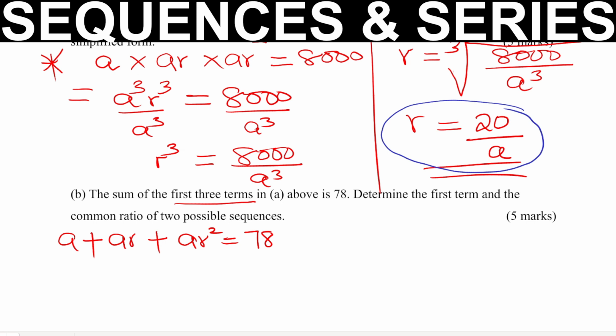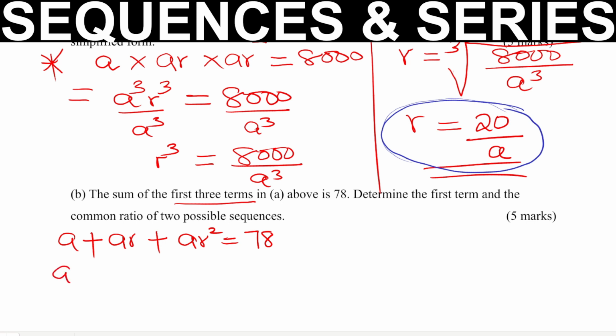Because we have two unknowns here, A and R, it is not possible to work it out like that, but there is something that is going to help us. We already have R. R is given by 20 divided by A in part A. So we just need to substitute that.